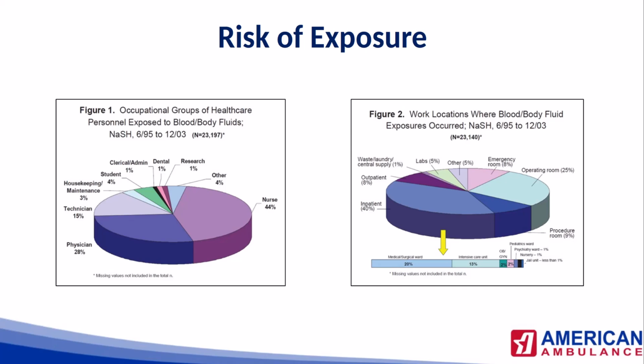Where, when, and how do injuries occur? Although sharp devices can cause injuries anywhere within the healthcare environment, NASH data show that the majority, 39%, of injuries occur on inpatient units, particularly medical floors and intensive care units, and in operating rooms.